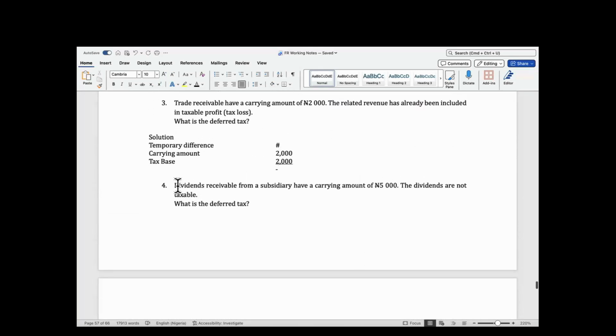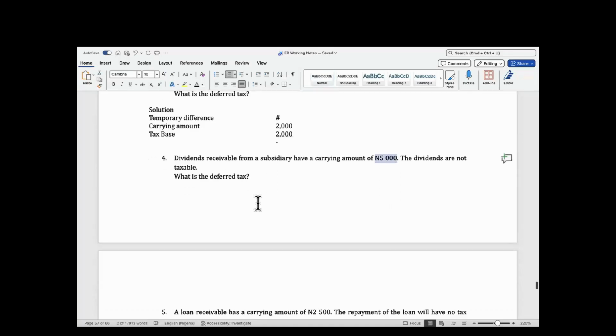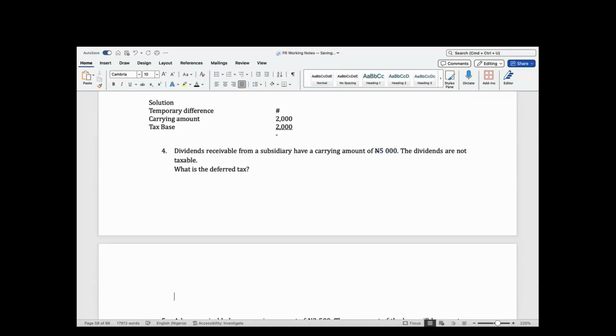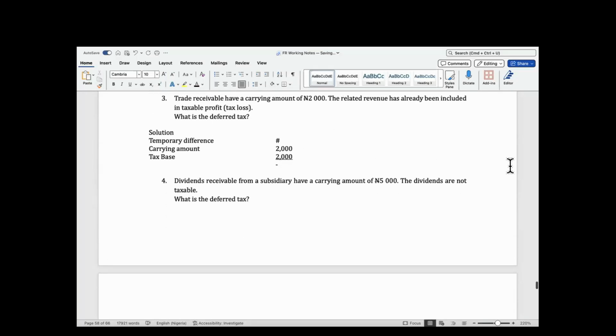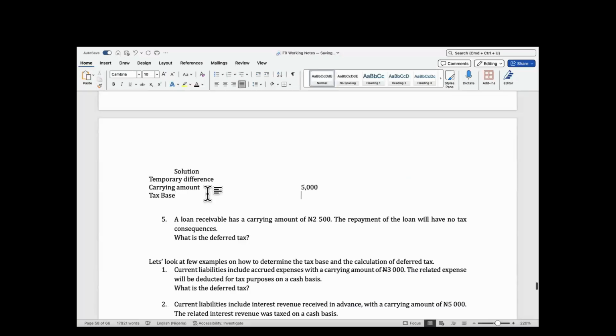The next one, dividend receivable from a subsidiary has a carrying amount of 5,000. Dividends are not taxable. So in this case, I will have my carrying amount, which I was told is 5,000. What is my tax base? In this case, the taxman did not capture it because dividends are not taxable. Dividend is not a taxable item.